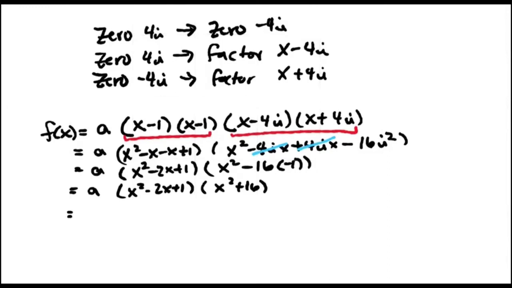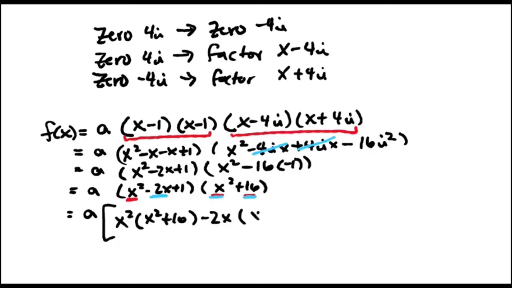And then we'll multiply these two expressions together. So I multiply x squared times both of these terms, and that will give x squared times x squared plus 16. And then I'll multiply minus 2x times both of these terms, minus 2x times x squared plus 16.